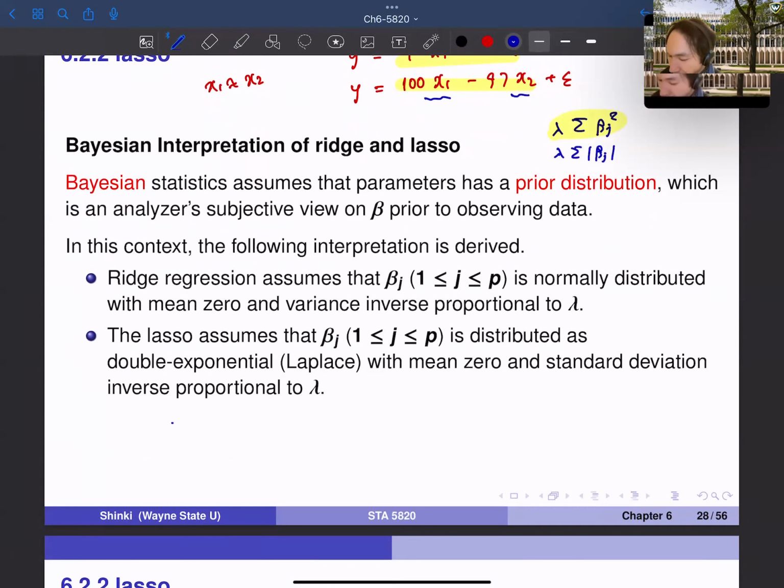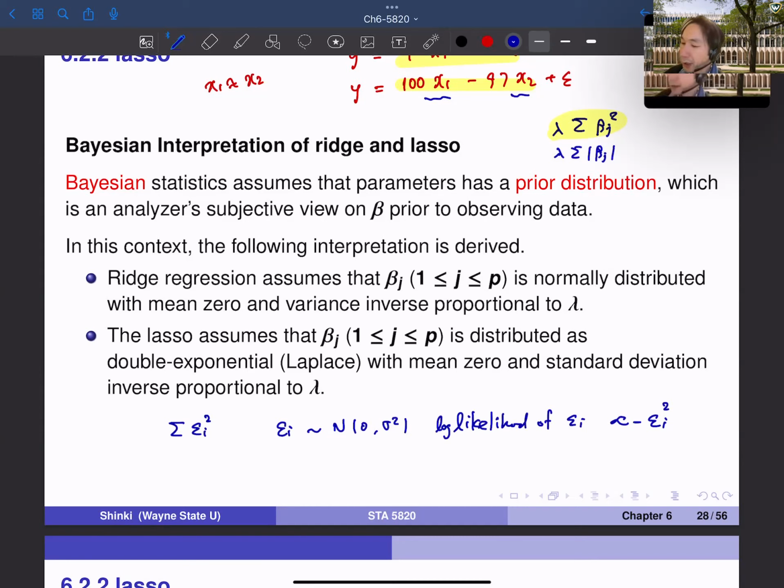We do that because if epsilon i follows a normal distribution with mean 0 and variance sigma squared, then the log of the likelihood function of epsilon i is proportional to negative epsilon i squared.